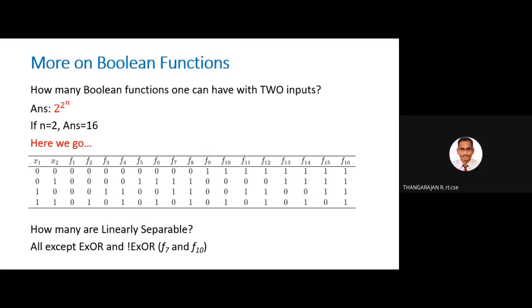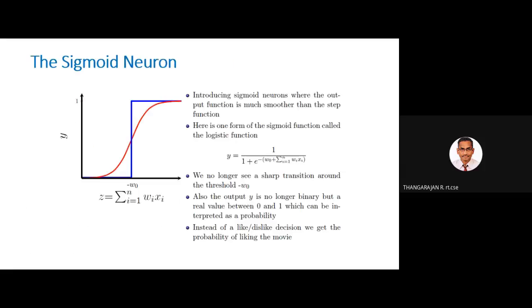So I can use a single perceptron to classify all other functions, except XOR and not XOR. This is a small digression into the topic of Boolean functions.